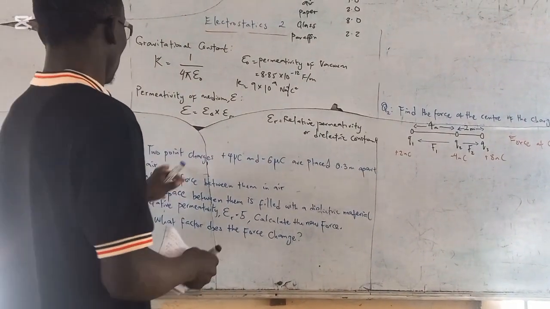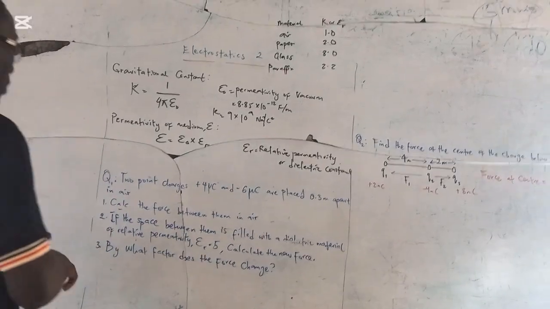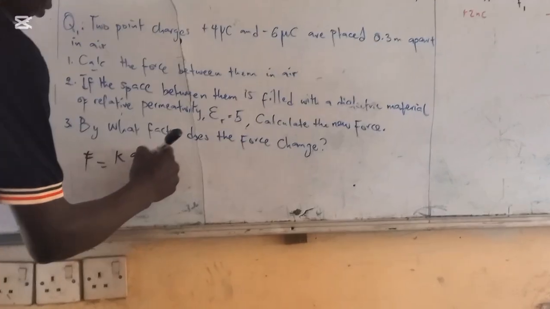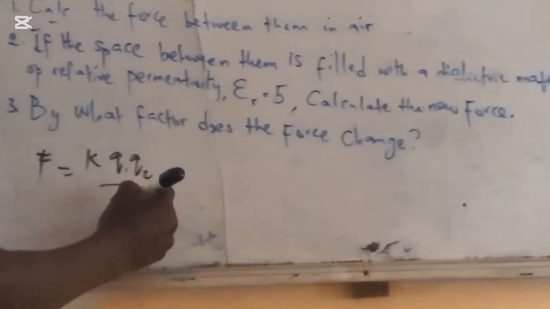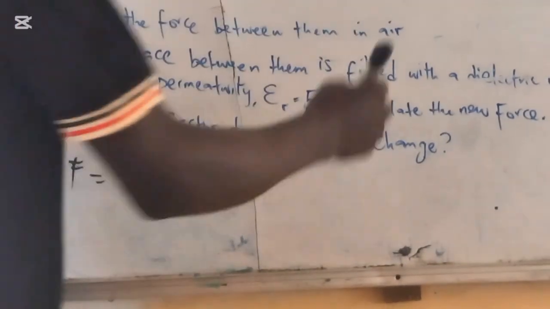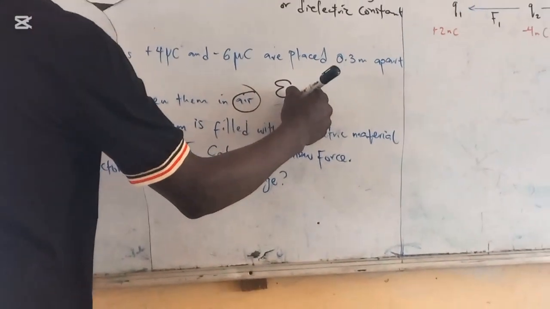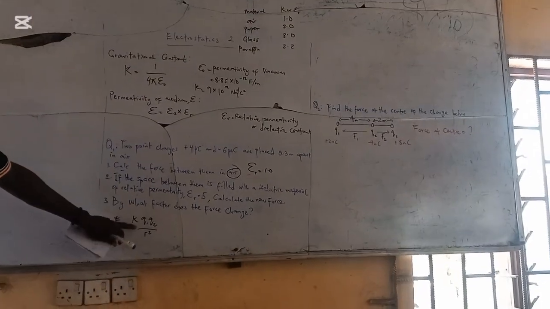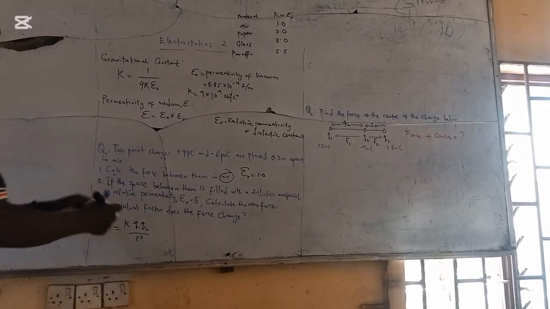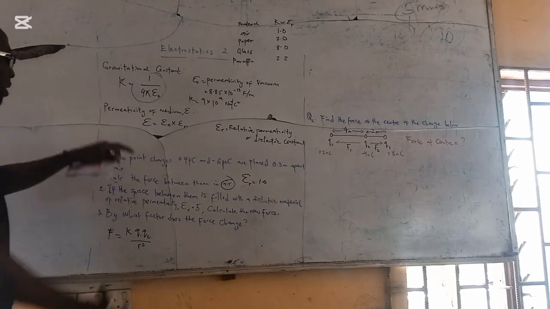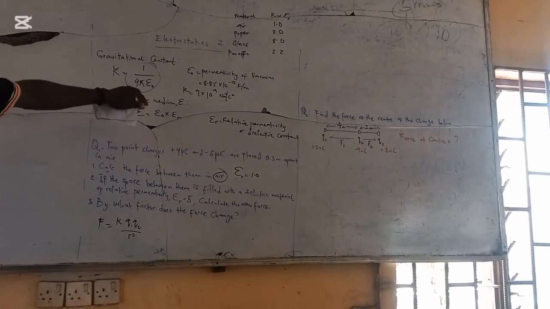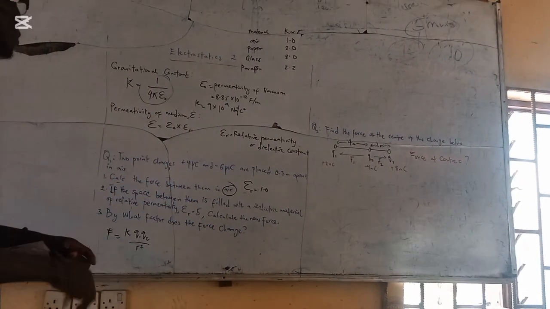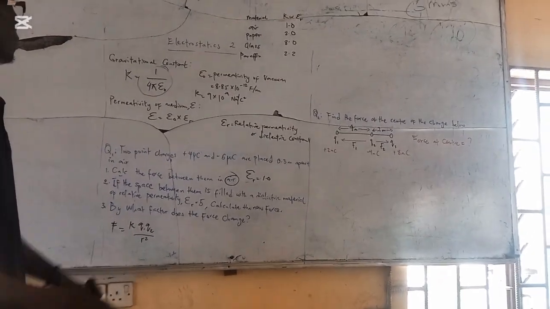So now calculating the force, using the formula F equals k Q1 Q2 over r squared. But now we have air, which has a relative permittivity of 1.0, so we have to include it in the formula. That means we represent this K with 1 over 4 pi epsilon naught. The reason is that we are going to insert the permittivity that was given in the question.